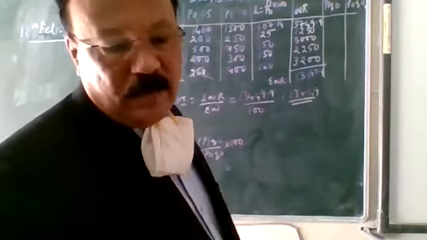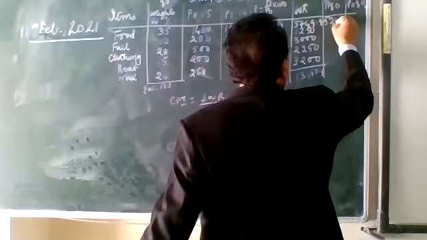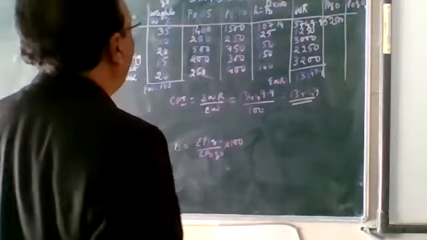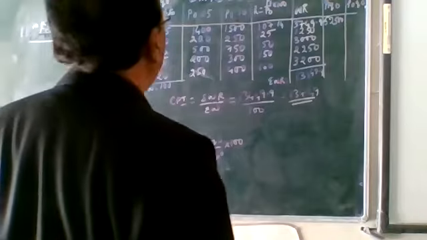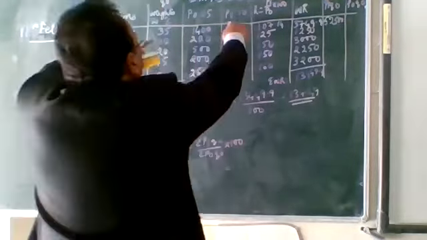Okay. So the first one, P1 Q0, is P1 multiplied by Q0. 1400 into 1500. P1 Q0, this one. Then 2500.